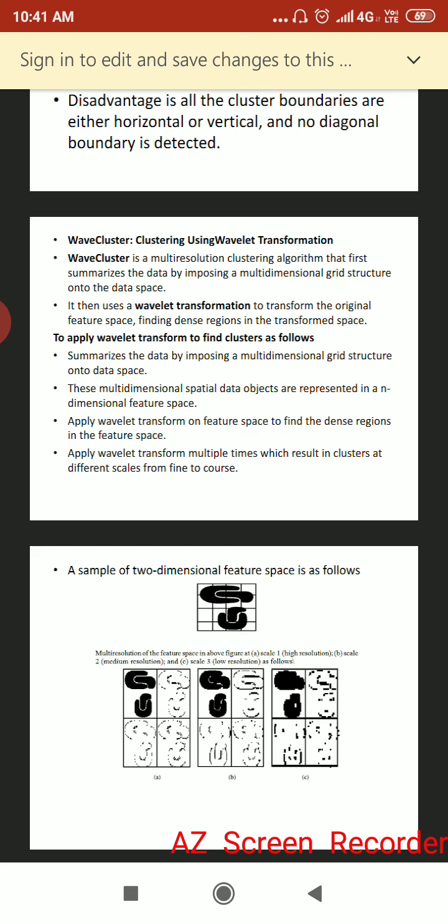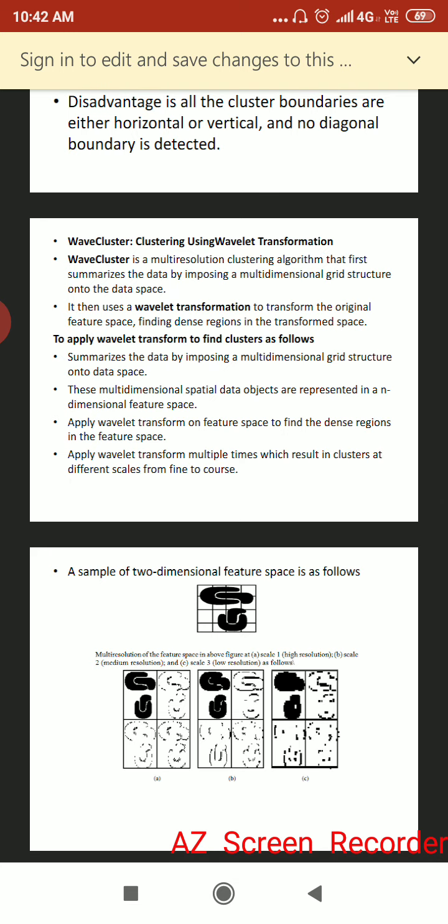This wavelet transformation can transform the original feature space into the transformed space. See the diagram below: here we take a two-dimensional feature space. The same two-dimensional feature space is represented in different ways.